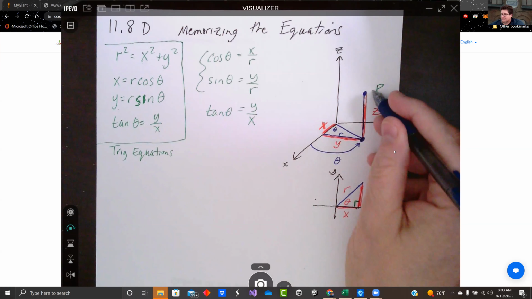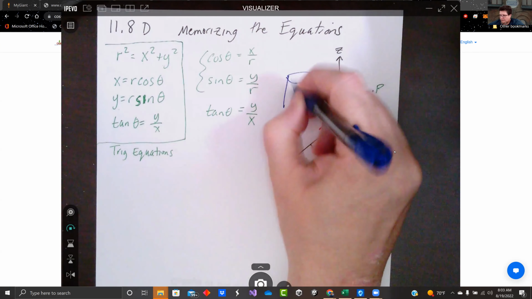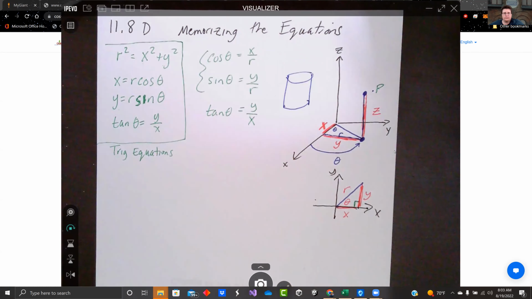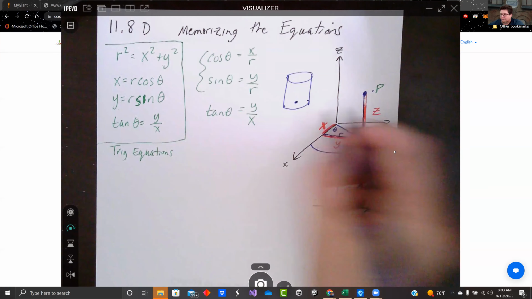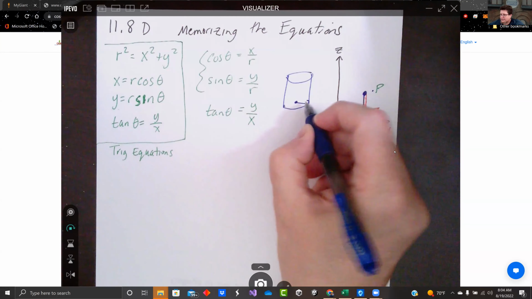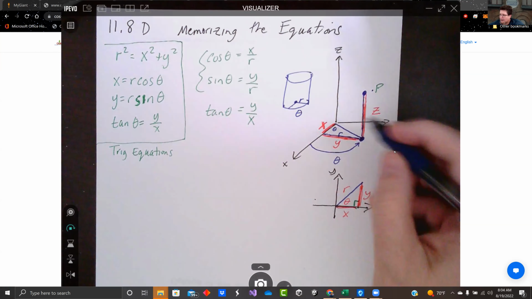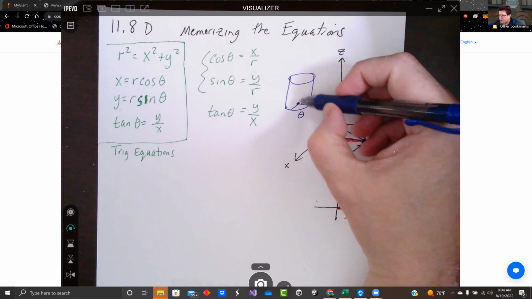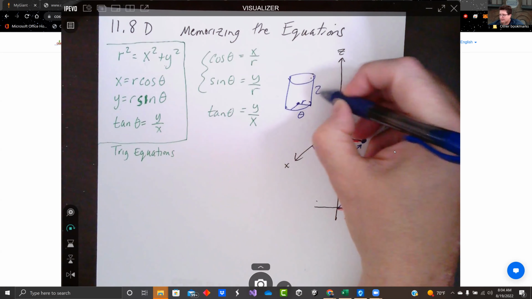Okay, so what's new in 3D? Well, we have a z component. So on a cylinder, if we put the base right here, that's 0, 0, r is still there. We're sweeping out an angle theta. We've got an r. And the other thing that identifies the cylinder is the height of the cylinder, and the height of the cylinder is z.